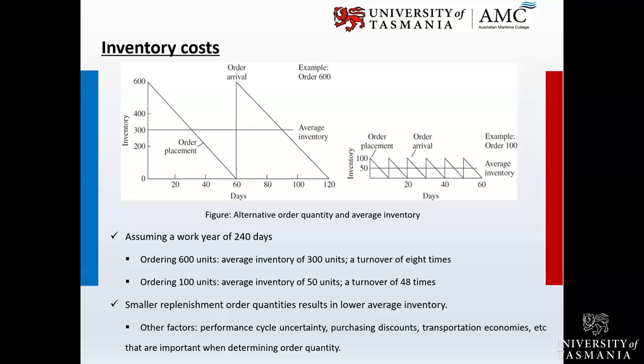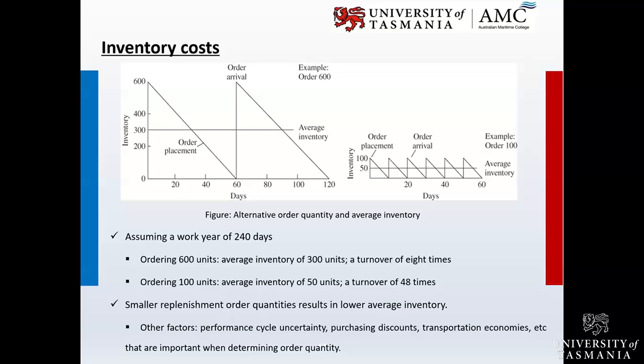Total sales can be found by using order size times the number of orders. Every 60 days the company will make an order, and there are 240 days.